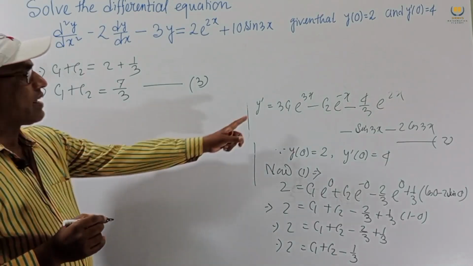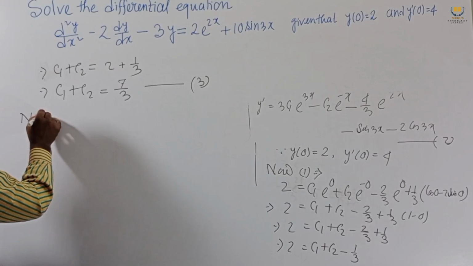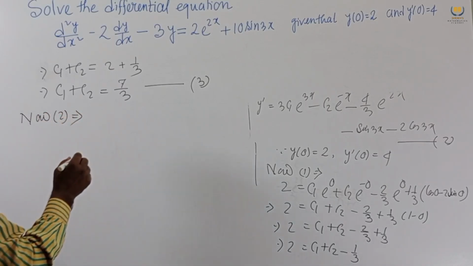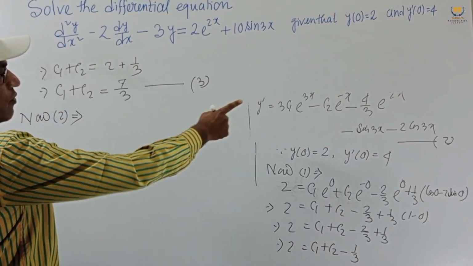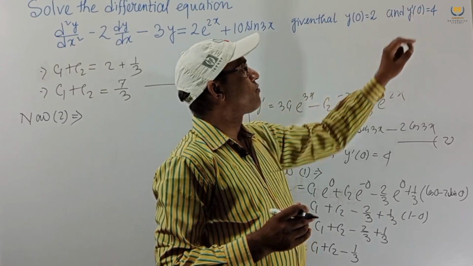Again we put 0. Now 2 implies, putting x equal to 0, y' is 4.